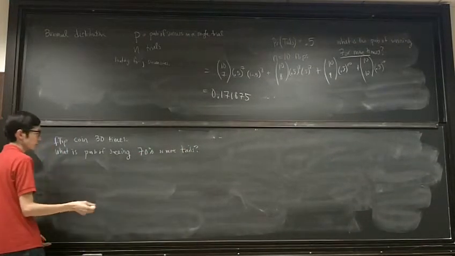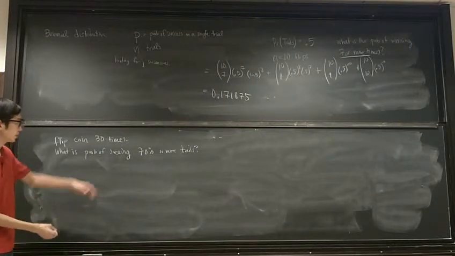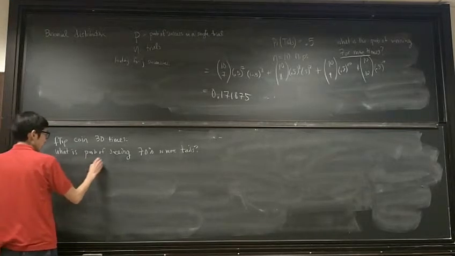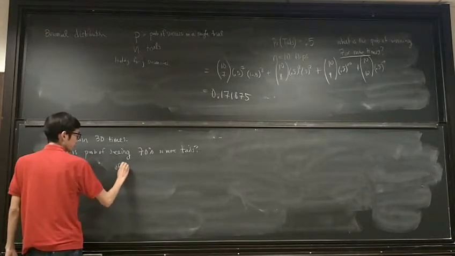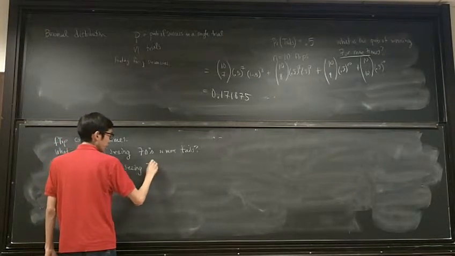So 70% would be how many tails? 21 tails, right? If I'm flipping the coin 30 times. So basically, what is the probability of seeing 21 tails or more?